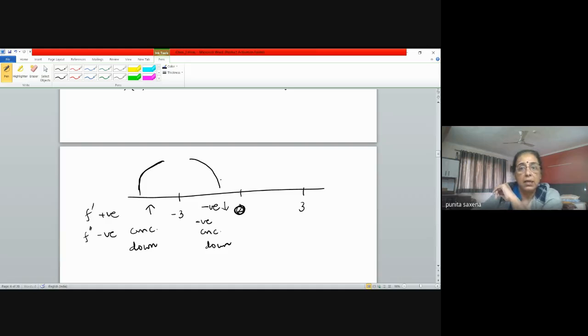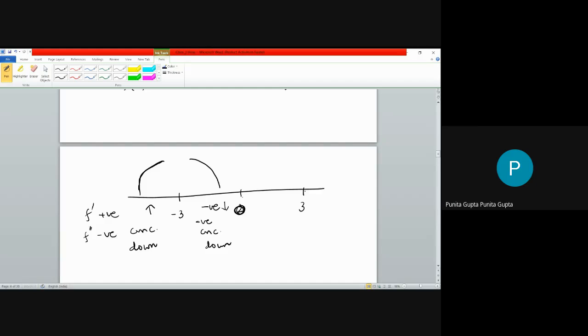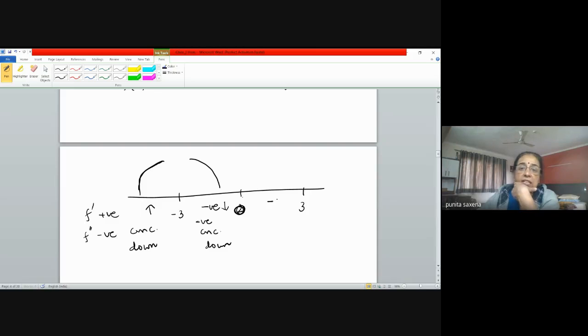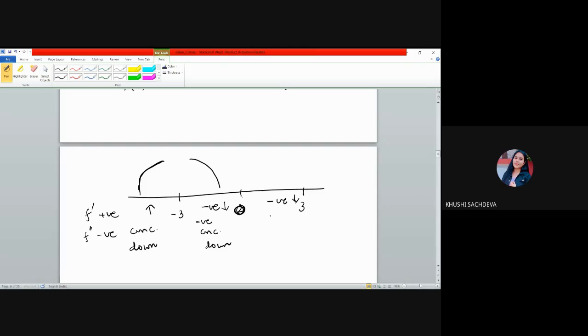Now from 0 to 3, f dash is still negative, so it's still decreasing. But what about f double dash? Positive, so it's concave up.